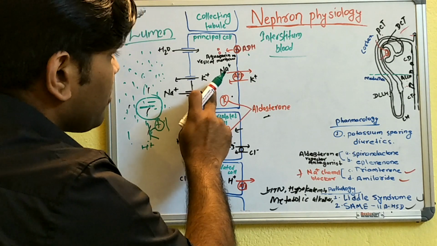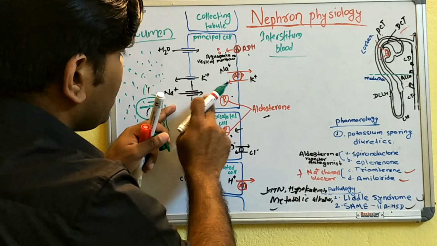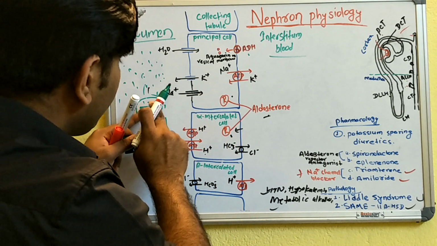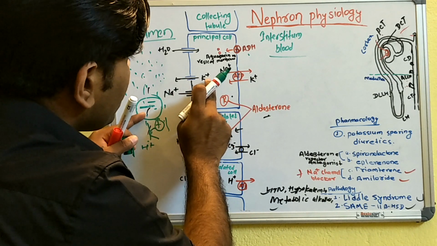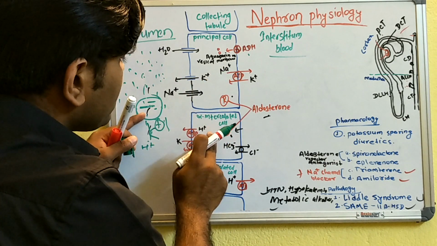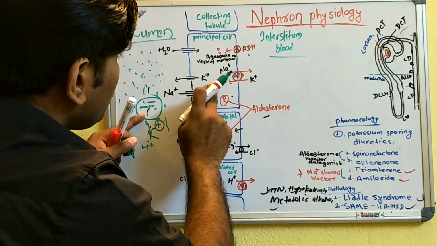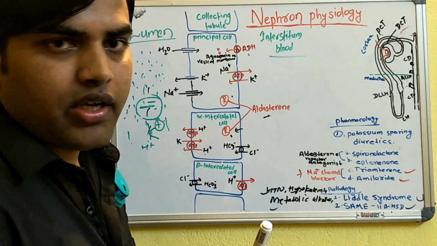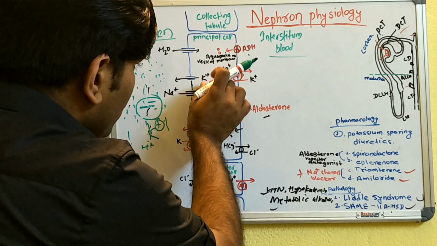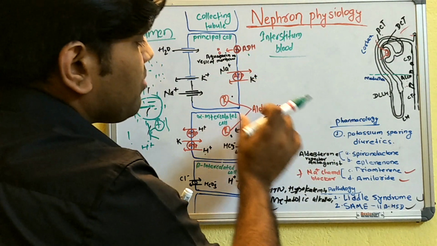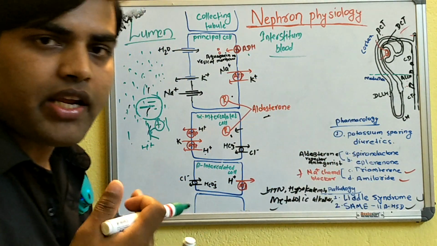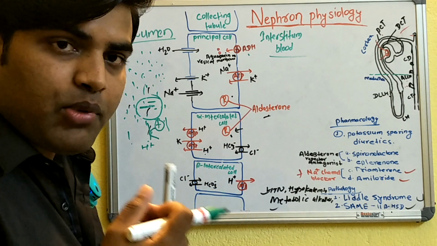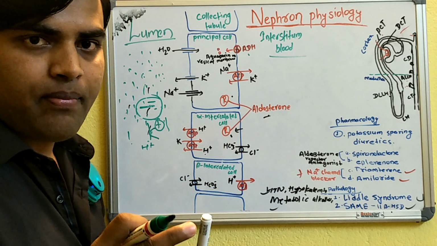Since no lack of sodium, there is no need for absorption of sodium. If there is no need for absorption of sodium, there is no luminal negativity. If there is no luminal negativity, it doesn't need to secrete the potassium or the hydrogen. So your hydrogen and potassium are not secreted out of your body, and because of this your potassium is preserved, and it is known as a potassium sparing diuretic. Means that your potassium is spared, kept inside your body itself.